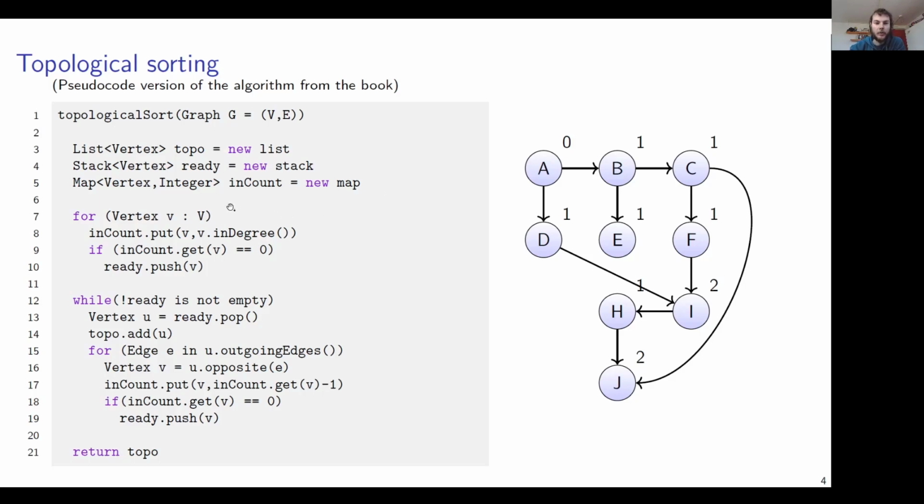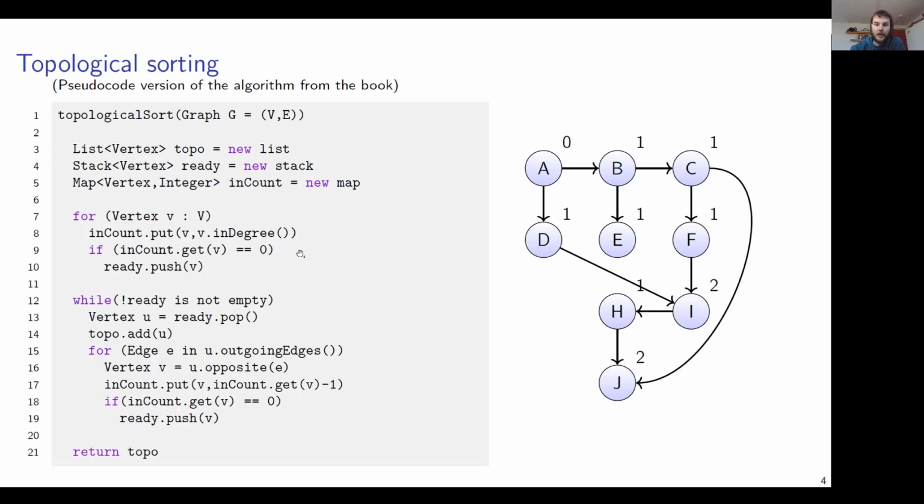For each vertex, we determine the in degree, so the amount of edges that go to that vertex, and we store this in our map. So here you see that A has an in degree of 0, so we store a 0 with it. And I has an in degree of 2, so we store 2 with it. And this we do for each vertex.